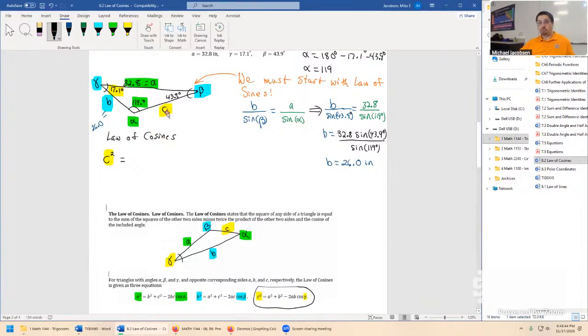C squared would be equal to then these opposite legs, B squared plus C squared minus 2 times B times C times cosine of the angle included between B and C, which is the 17.1 degrees. So matching up that color coding, we're just using this directly. Here's law of cosines, and now we substitute in the information we have.